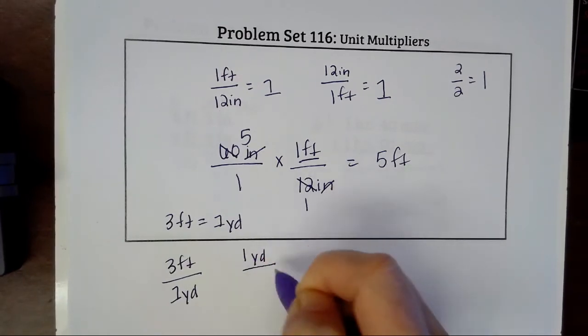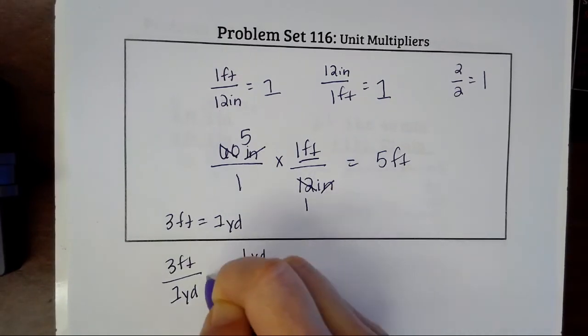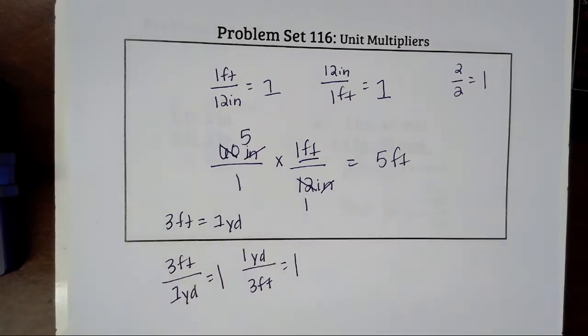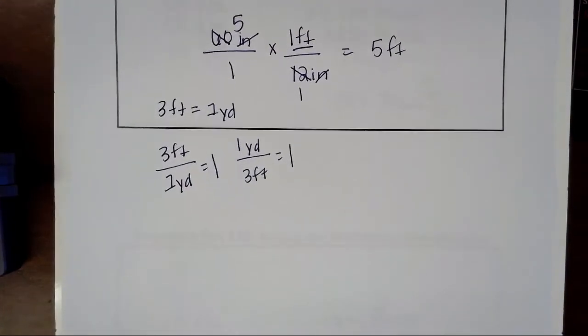These both equal 1. Right? See that? The units we change from are in the denominator. The units we change to are in the numerator. So you do have to look at what the problem is asking. The unit we change from is in the denominator, and the unit we change to is in the numerator.